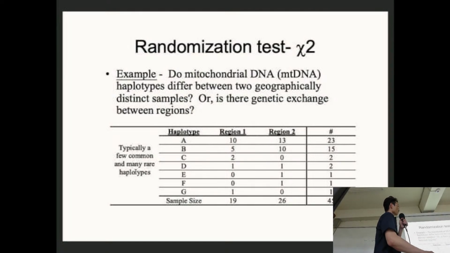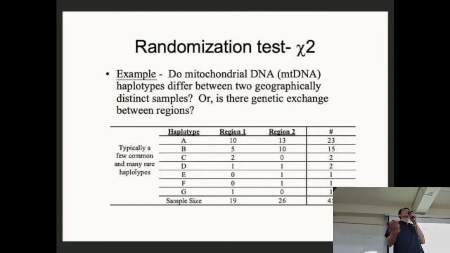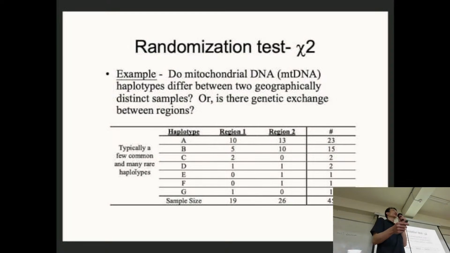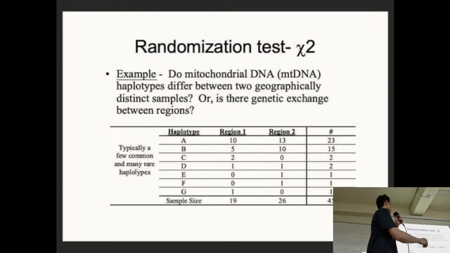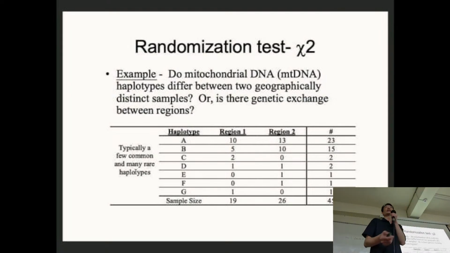Every time you randomize the individuals, you can generate this kind of data following a new distribution. With the randomized version of the data set, you calculate the chi-square again. That is a new distribution of the chi-square.